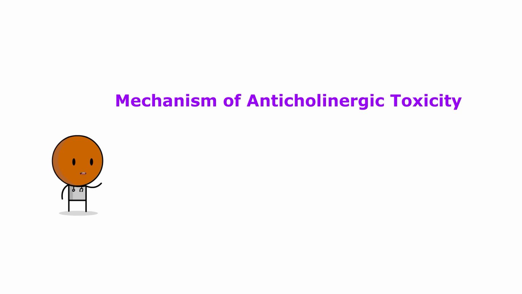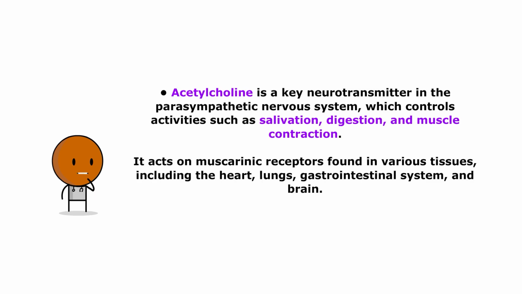Mechanism of anticholinergic toxicity. To understand the mechanism of toxicity, let's take a closer look at the role of acetylcholine. Acetylcholine is a key neurotransmitter in the parasympathetic nervous system, which controls activities such as salivation, digestion, and muscle contraction.